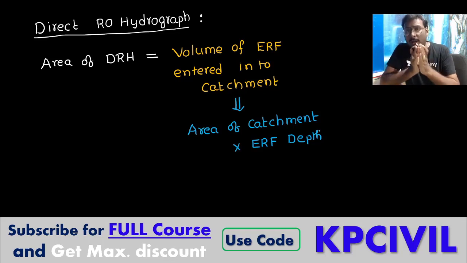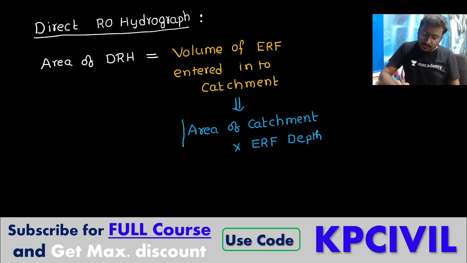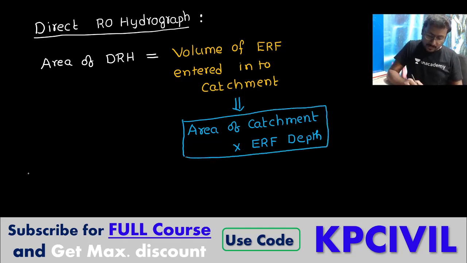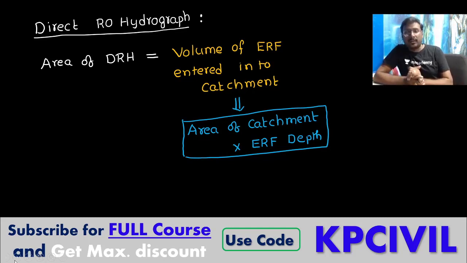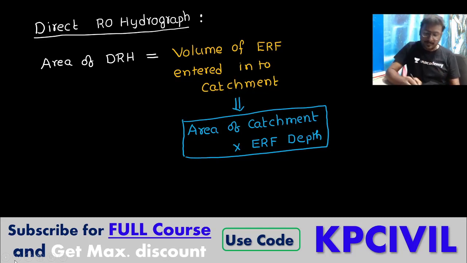So the volume of effective rainfall entered into the catchment is equal to the area of the direct runoff hydrograph. The same we can express as area of catchment into effective rainfall depth. Depending upon the shape of the hydrograph, it is modifying from shape to shape, as we have discussed.